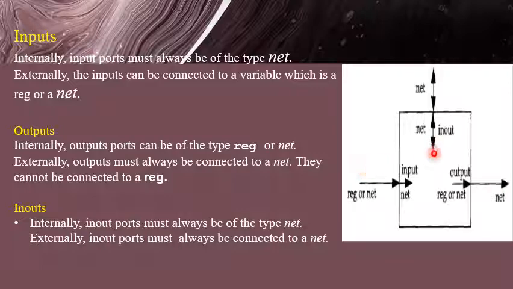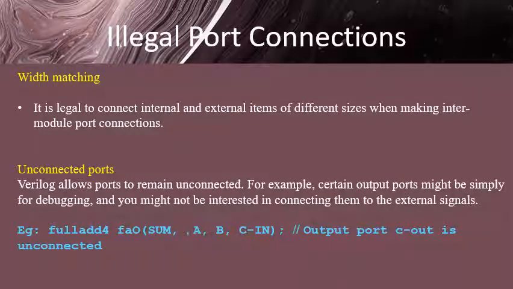Coming to inout, if you have a bidirectional port in your module, then it should be a net internally, and externally also it should be declared as a net. This will make more sense when you are writing the stimulus block or the test bench for your circuits.